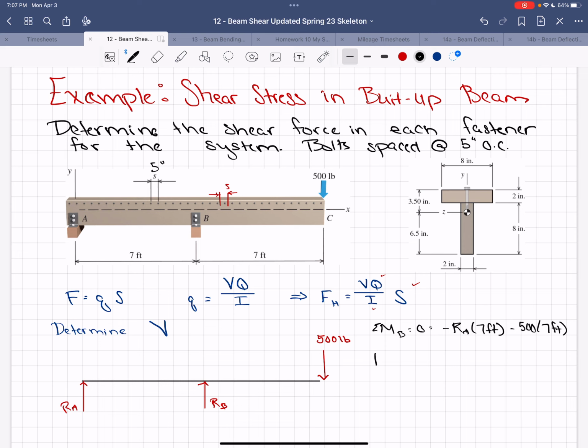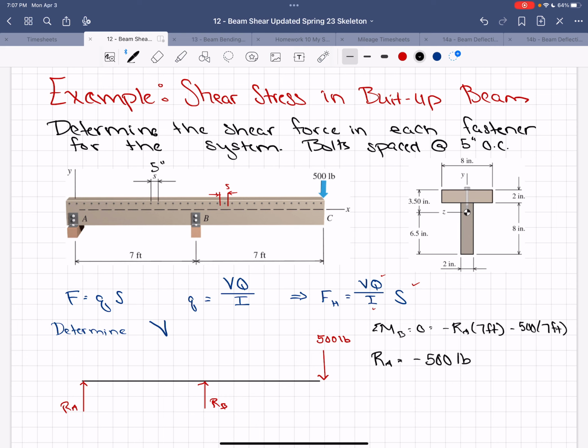And we get RA equals negative 500 pounds. So it's actually pointed down.